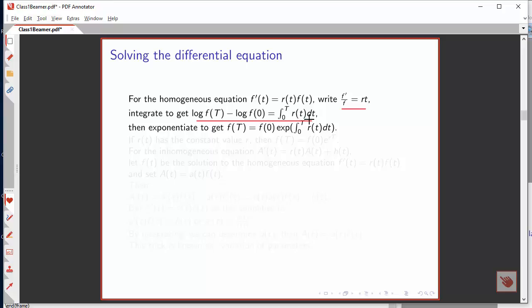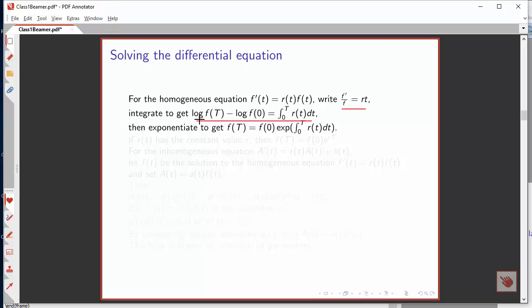Notice that in this case, there's no requirement that r has to be a constant, and it's kind of interesting that all that matters is the integral of the interest rate over the period from 0 to capital T. It doesn't make any difference whether the interest rate is large at the beginning and small at the end, small at the beginning and large at the end, or constant throughout.